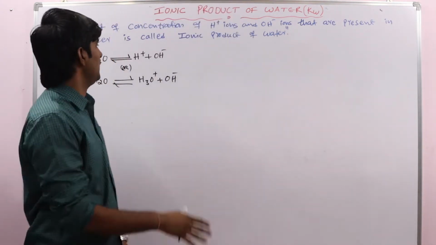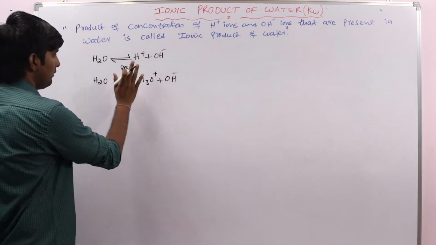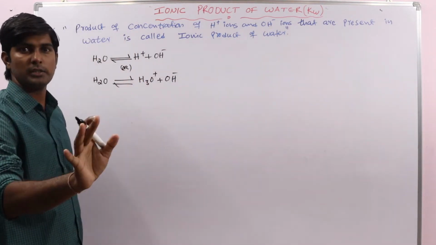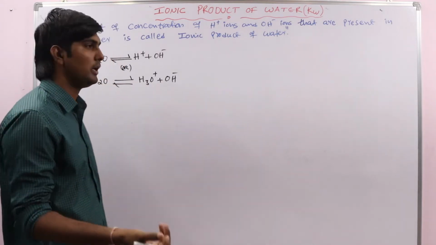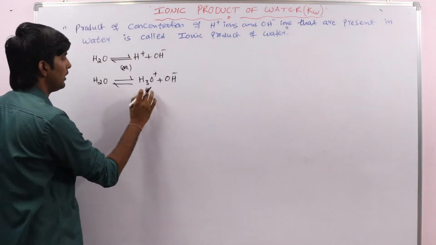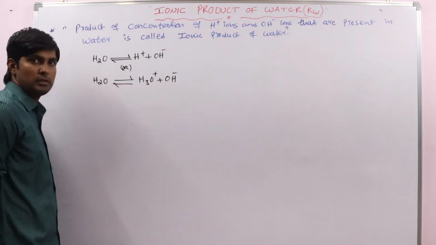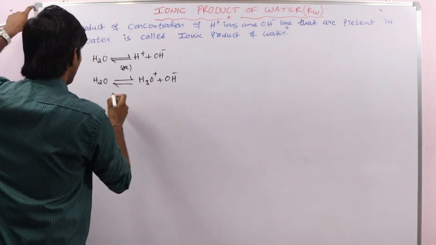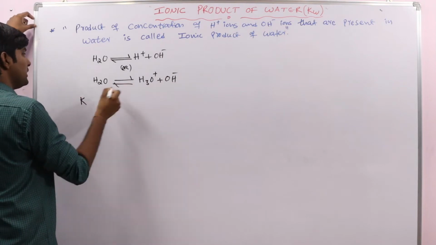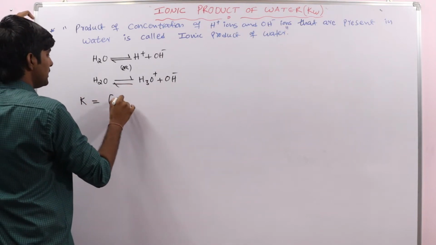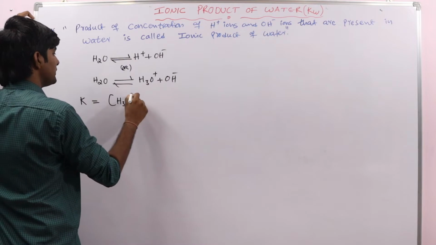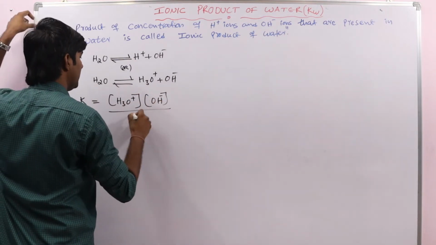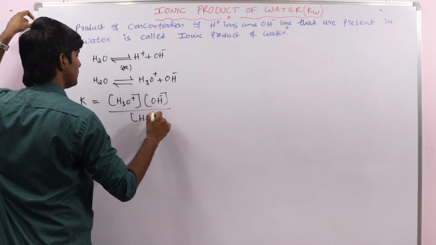The H plus ion is what we discussed in the Arrhenius acid base theory limitations. That is clear. So why are we taking this one? Simply, H plus does not exist freely, it immediately combines with one more water molecule and exists as H3O plus. Now if you write the equilibrium constant for this reaction, it is the concentration of H3O plus into the concentration of OH minus by the concentration of H2O.